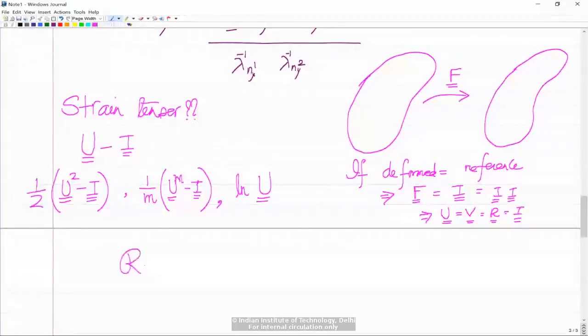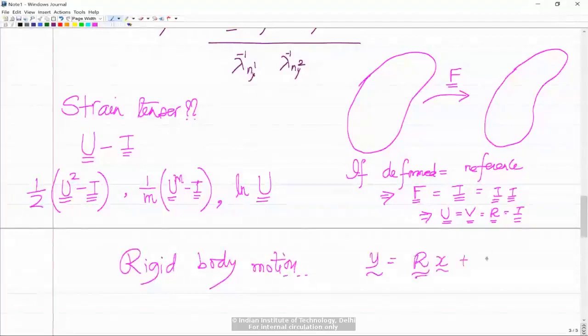See, when you work out rigid body motion, the map is simply the following: y equals big R of x plus c, where c denotes the rigid translation part and big R is the rigid rotation part.